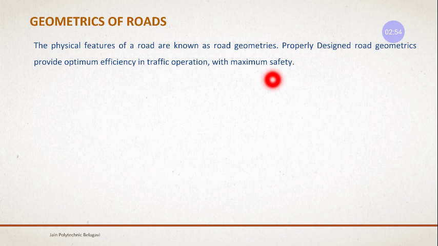It is provided to give optimum efficiency in the traffic operations and maximum safety. When you provide the highway geometrics, you increase the efficiency of the roads as well as provide safety for the users.